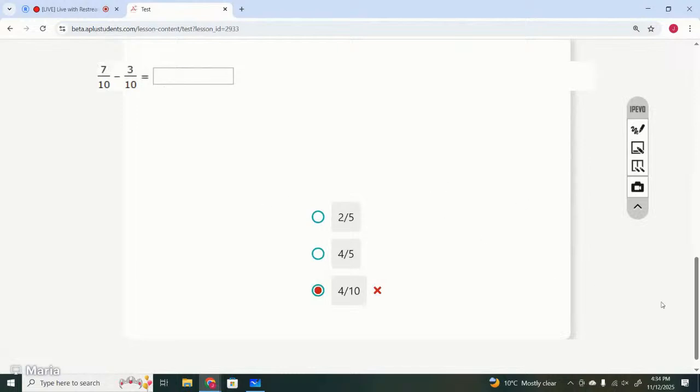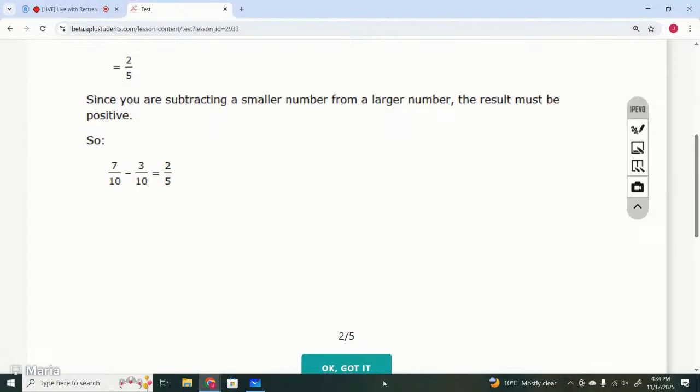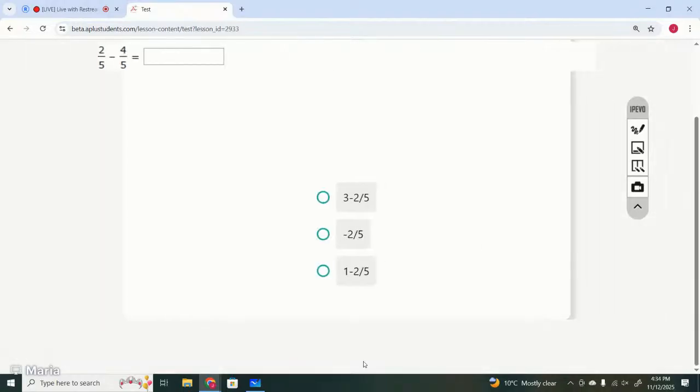Got it? 2 by 5 minus 4 by 5. 4 by 5 minus 2 by 5 equals negative 2 by 5. Option number 1 is the correct option.